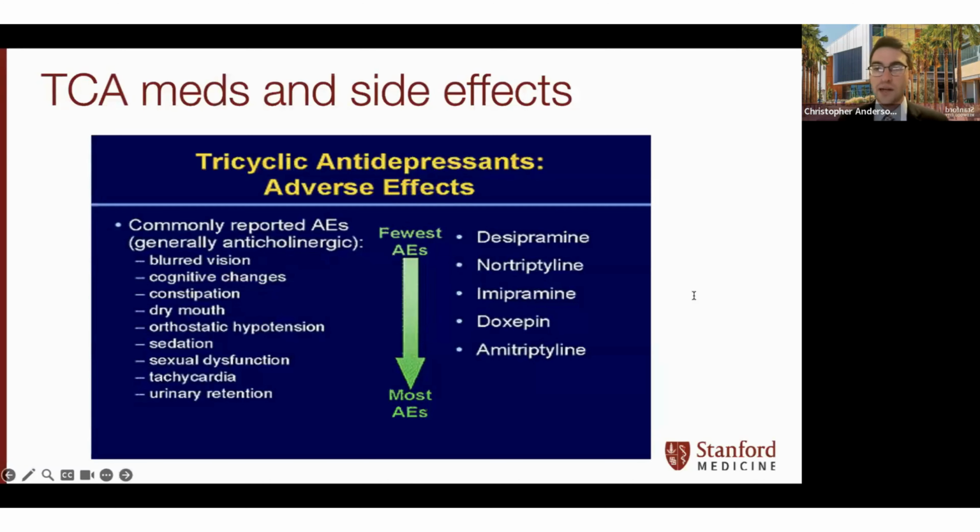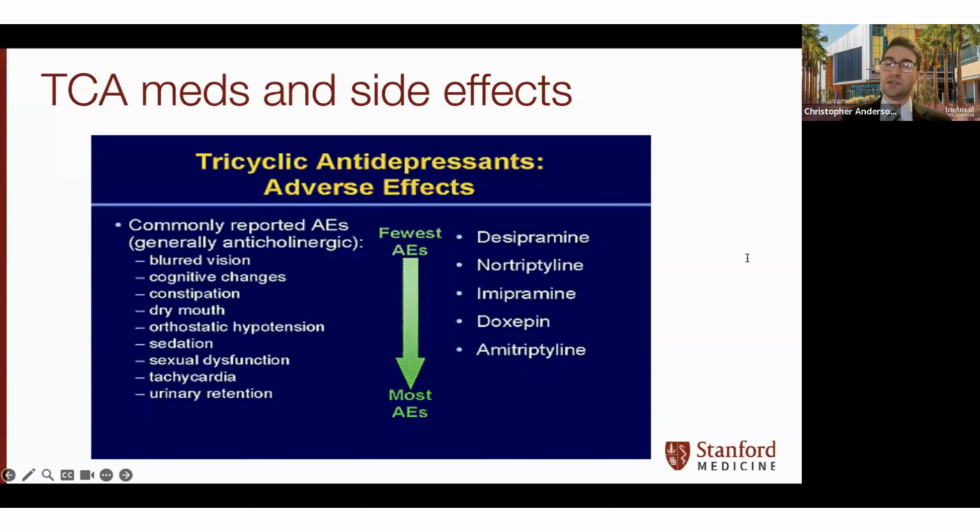The tricyclic antidepressants are very effective for both depression and for pain, but the drawback is, and this is true for most older medications, that they are associated with increased risk of side effects because they contact many different receptors. So desipramine, which is the medication I just mentioned, is the medication that appears to have the fewest side effects in this class, based on its relatively increased selectivity or preference for the norepinephrine transporter.